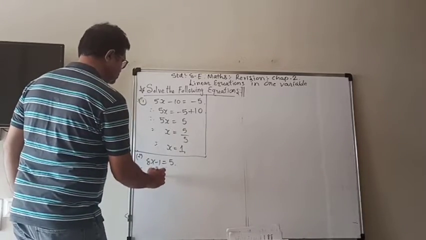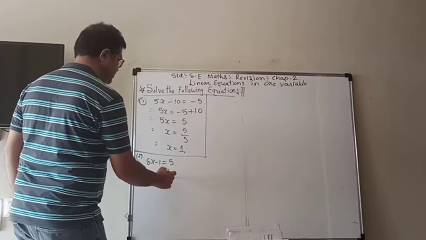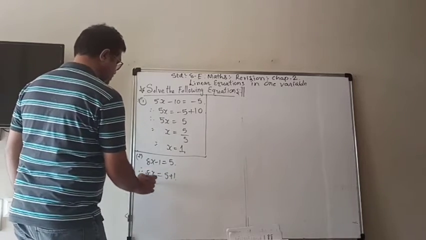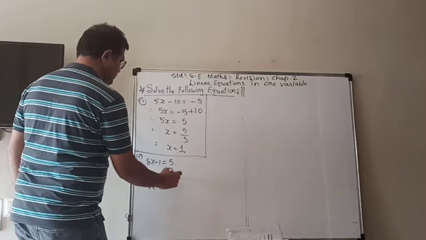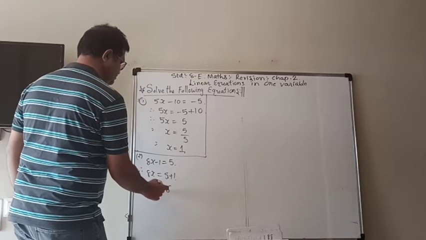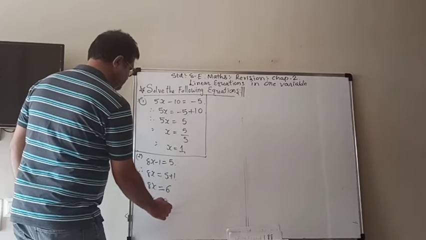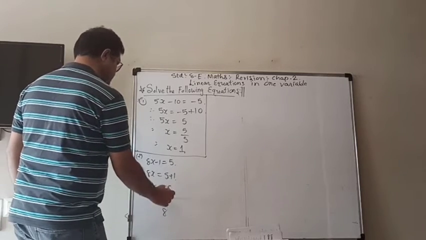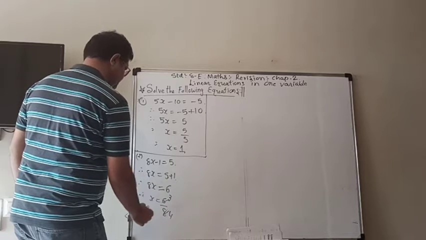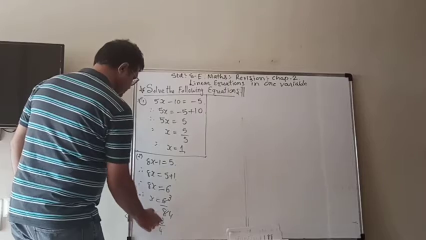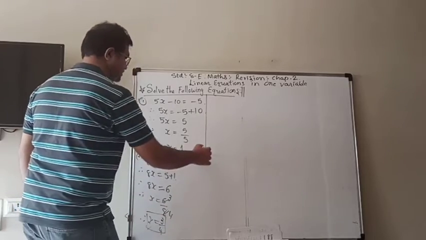Therefore 8x is equal to, now minus 1 becomes plus 1 when it goes other side. So 8x is equal to 5 plus 1 is 6. Therefore x is equal to 6 upon 8. 3 2s are 6, 4 2s are 8. So x is equal to 3 upon 4 is the answer.